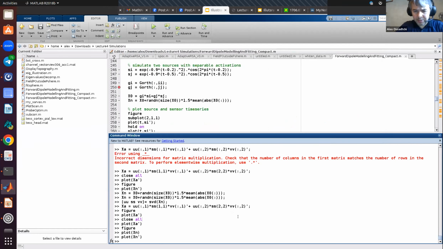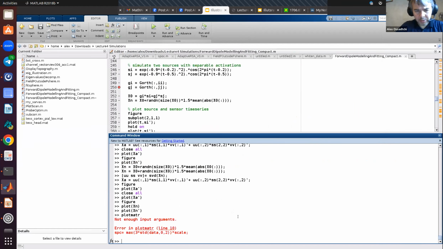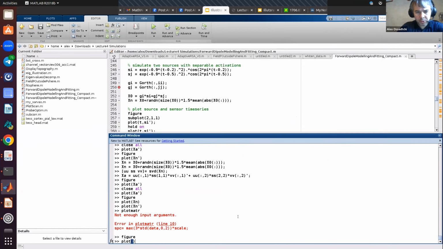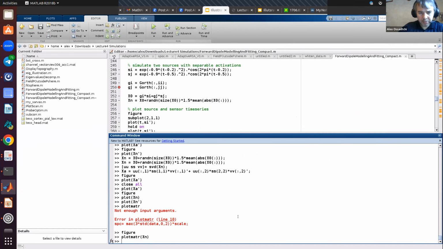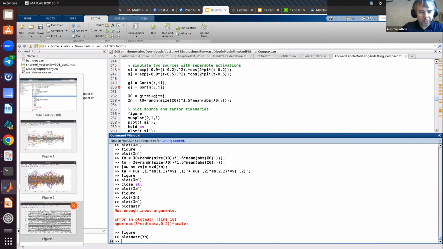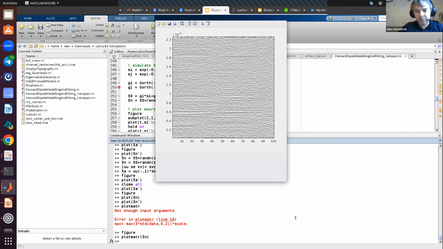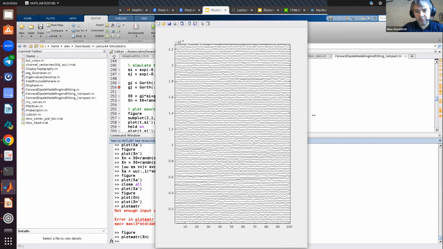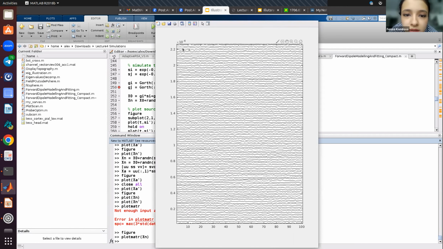I think I had this. Hold on. Okay, let me plot this. Let me plot it for you. Let me plot, for instance, X n. All right, so see, this is how you got used to seeing the data. Each line here is a channel.